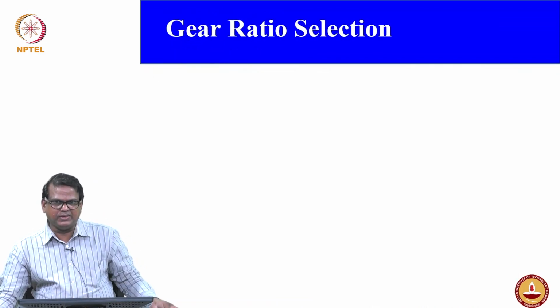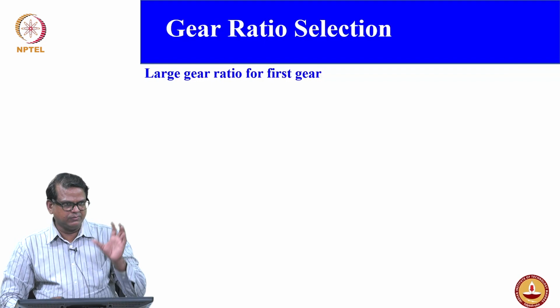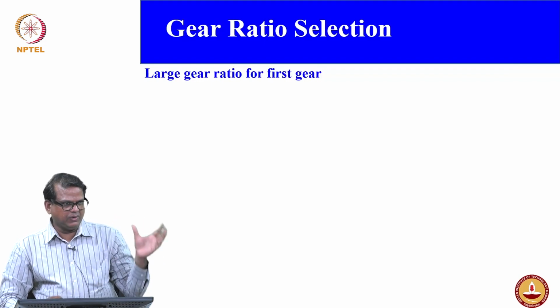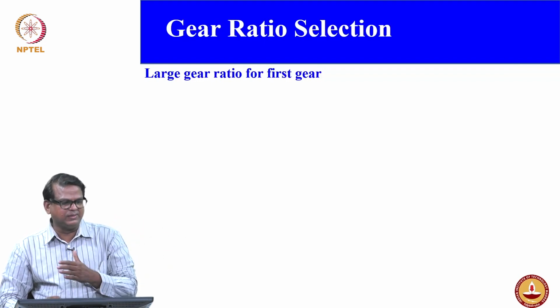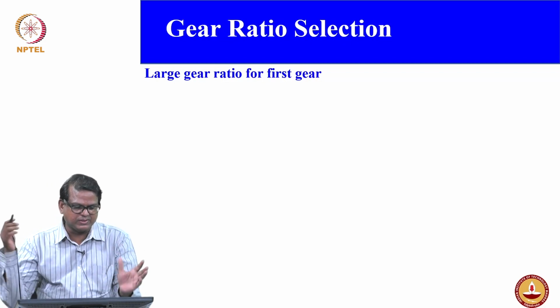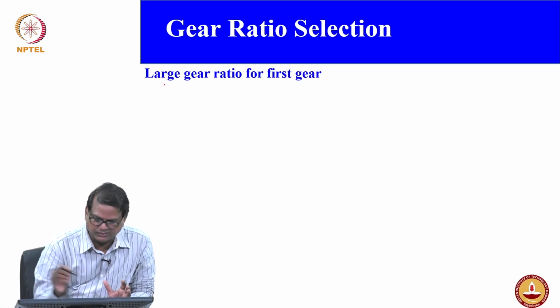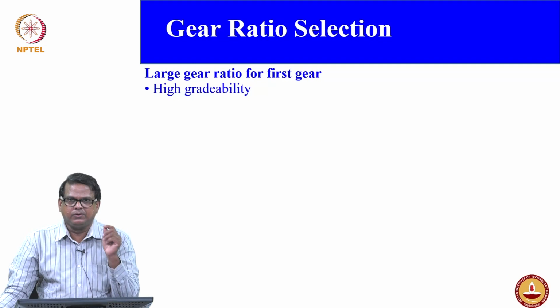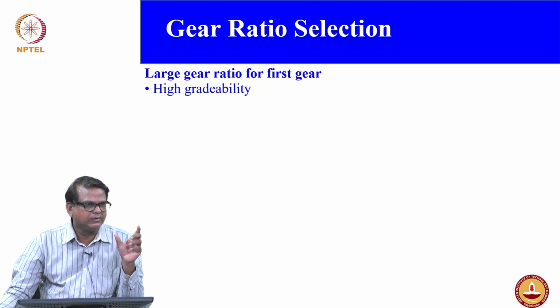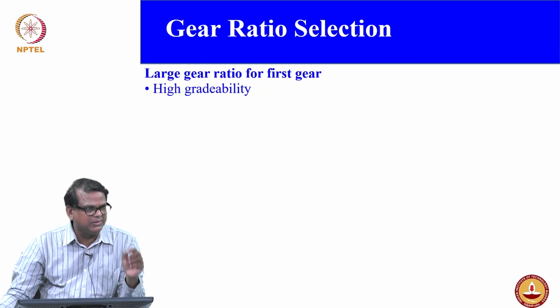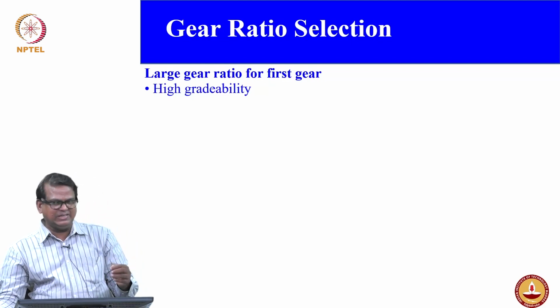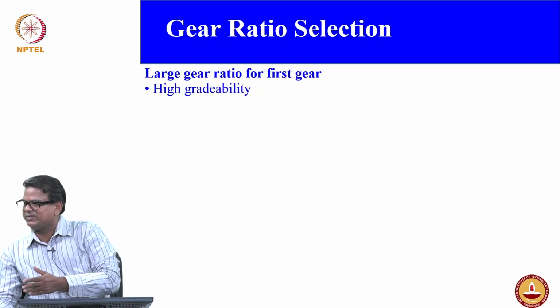Now I'll move on to the gear selection. As you are aware, we always have the first gear, then the other gears. We are talking about the first gear, which is normally a large gear ratio. You have to choose the larger gear ratio in such a way as to meet high gradability. The moment I say high gradability, that is the lowest speed, right?